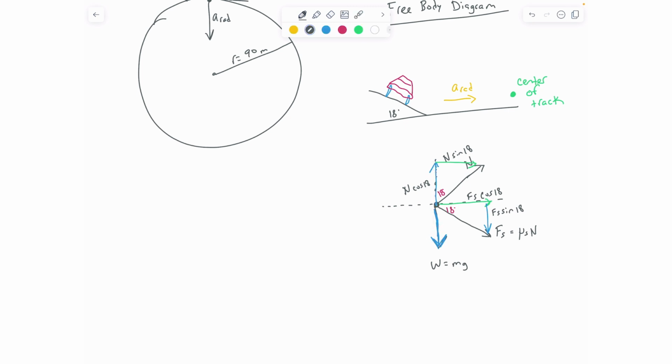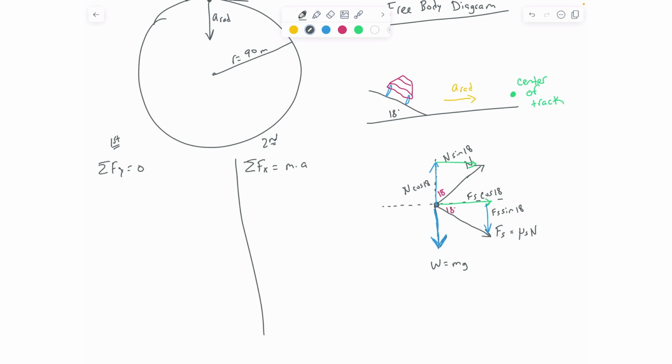Okay, so let's do that. I'm going to say the sum of the forces in y is equal to 0, and over here, the sum of the forces in x is equal to mass times acceleration. Remember, this is Newton's first law, and this is his second law.